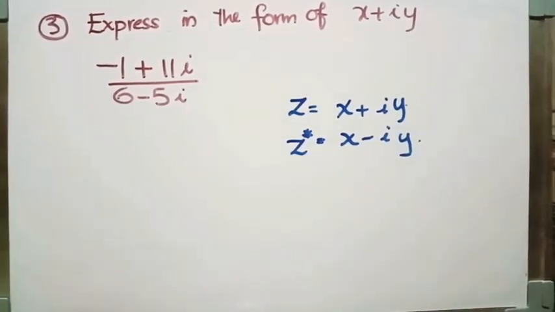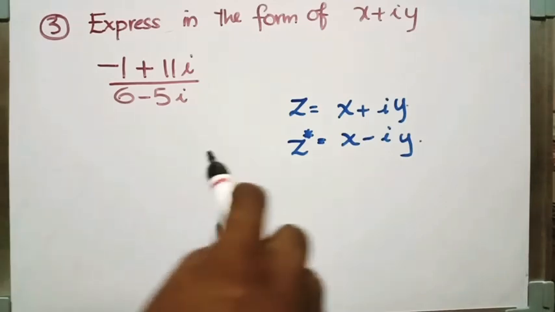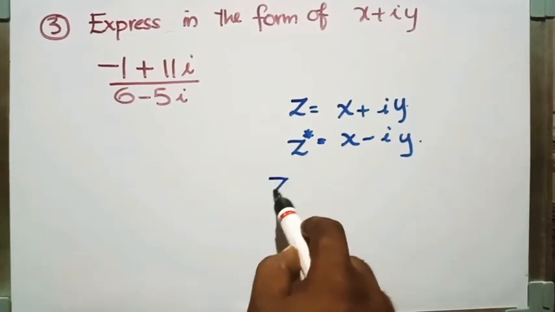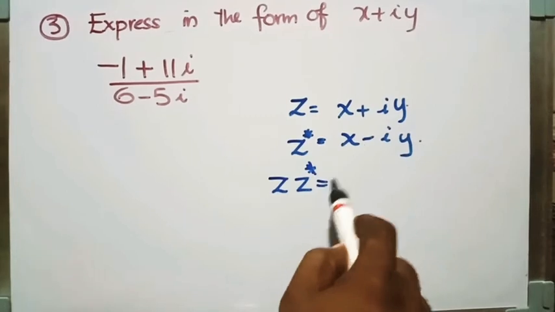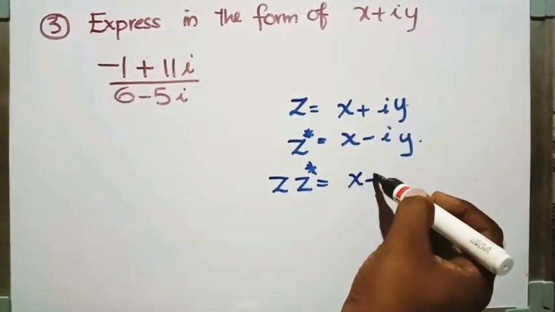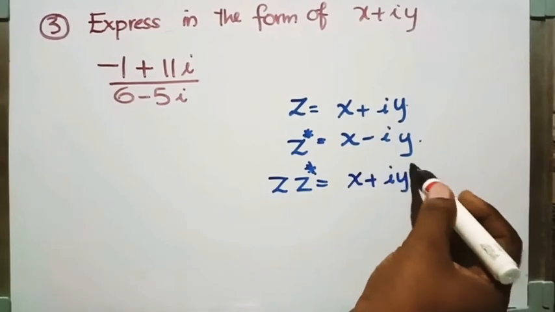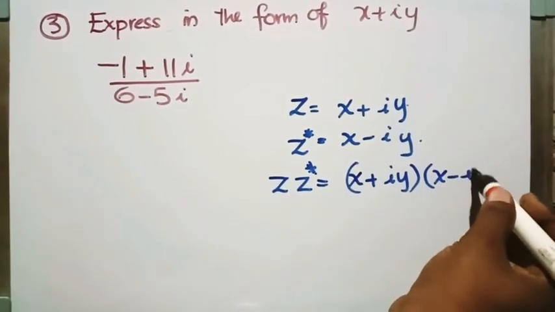So if z is alpha, then its complex conjugate will be beta. Now why is it known as conjugate? Because if you take the product of z and z star, that means if you multiply z and z star, it looks like x plus iy into x minus iy.